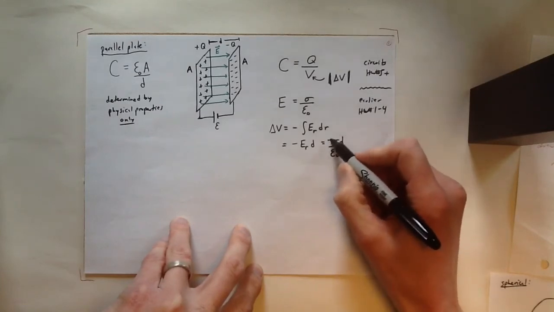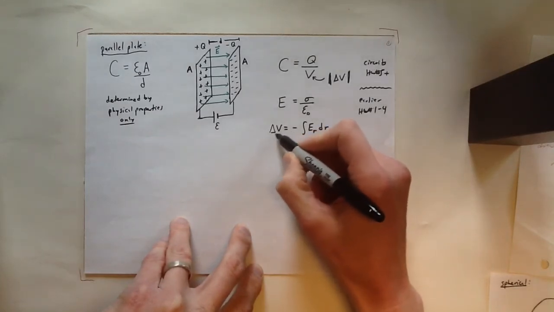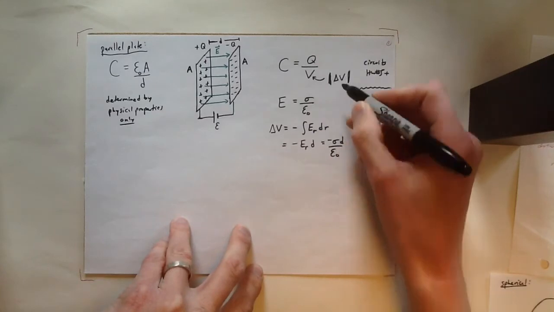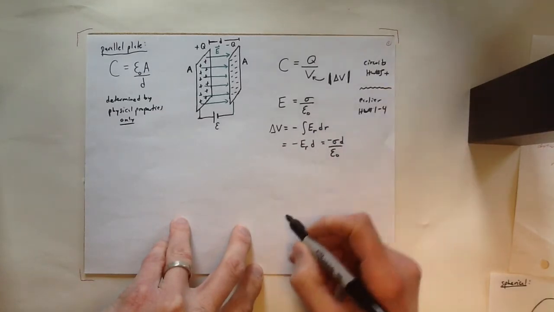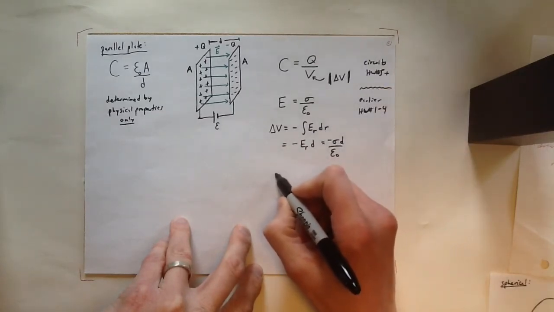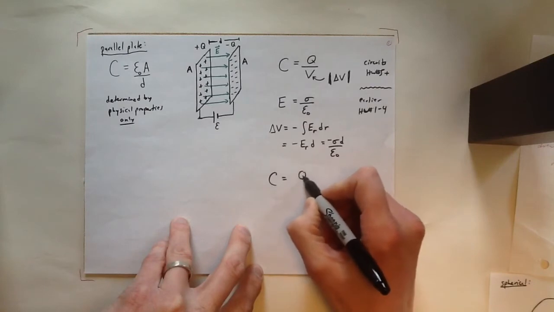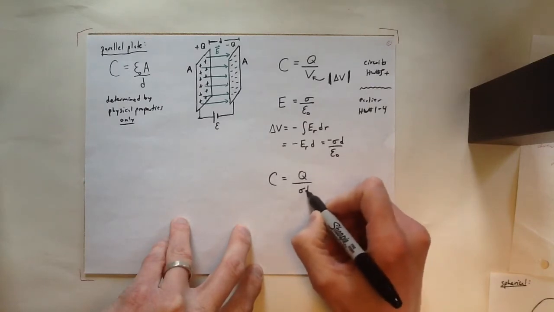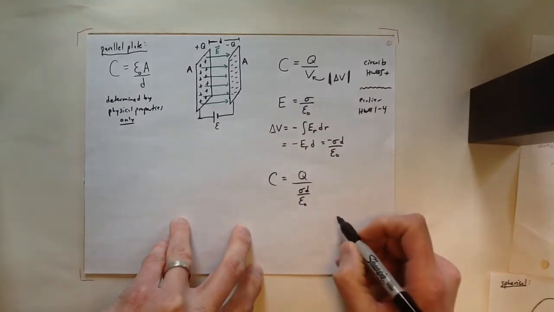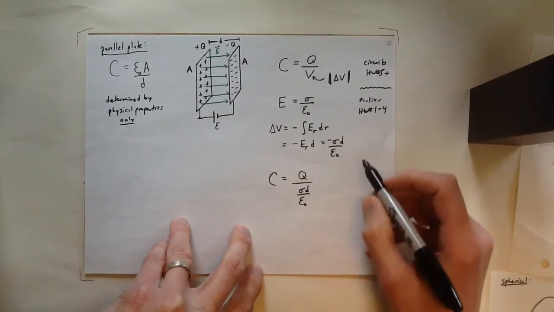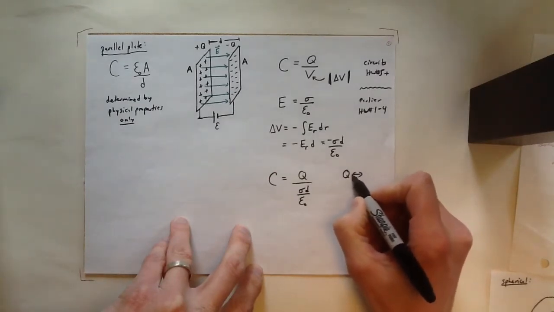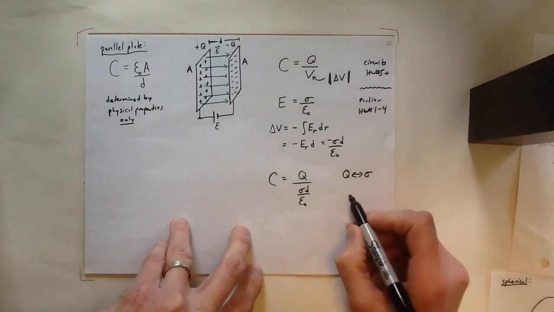And again, this is actually taking care of whether it's a voltage gain or drop. If we're just looking for the magnitude, we're going to drop that minus sign there. So let's see what we get. C equals Q over sigma D over epsilon naught. And now, of course, we need to reconcile the fact that the numerator is talking about Q and the denominator is talking about sigma.